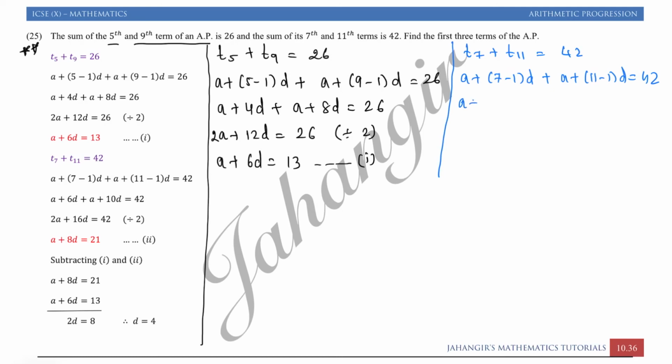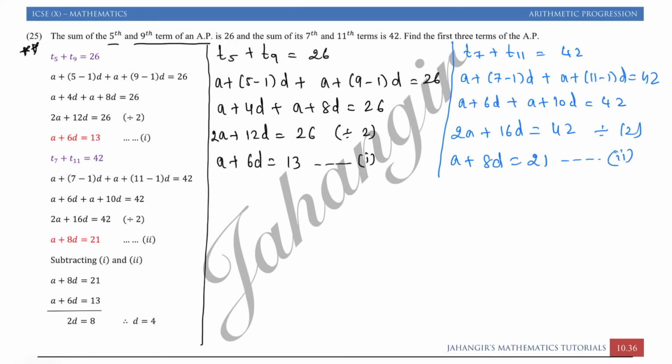So we can write A plus 6D plus A plus 10D is equal to 42. Solving it as 2A plus 16D is equal to 42. So now again we will divide this by 2. We will get A plus 8D. 16 divided by 2 is 8, and 42 if you divide by 2 you will get 21. This is my second equation.